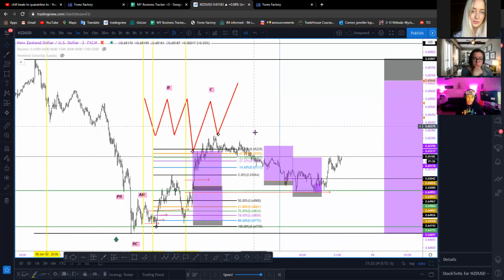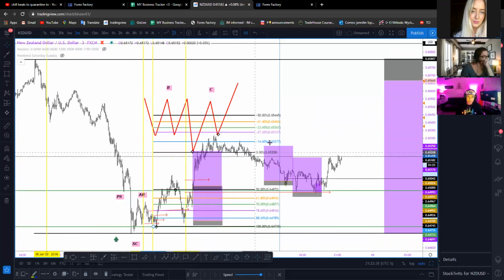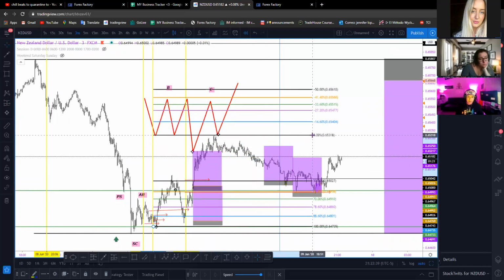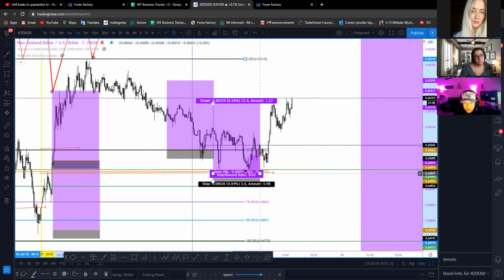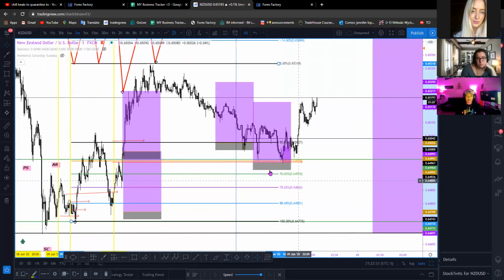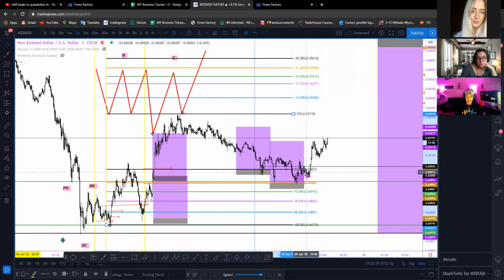Actually, let's move this up to that high. So from this low to that high, it came and retraced right at the 61.8%. So on a higher time frame, that came back to the golden ratio.